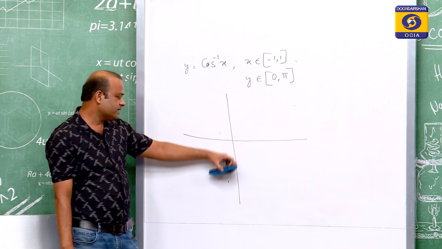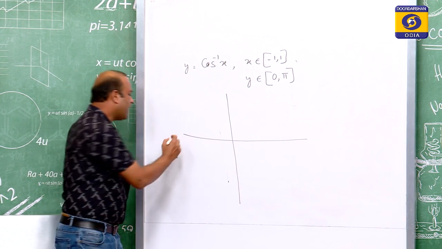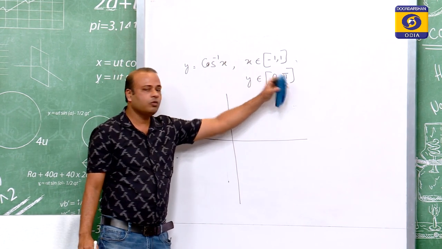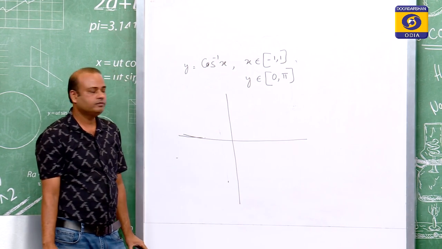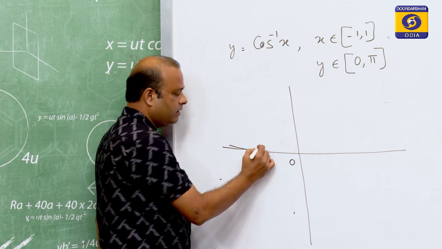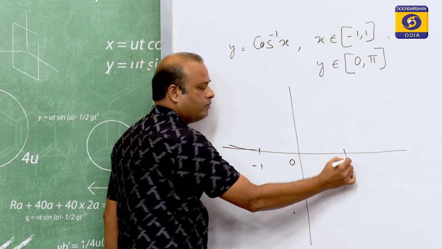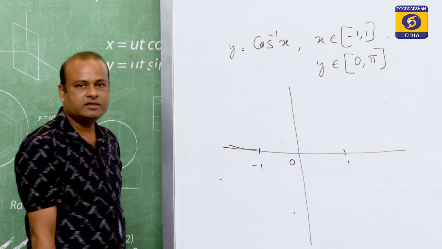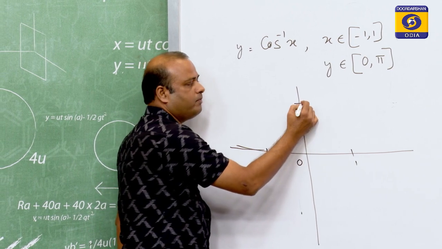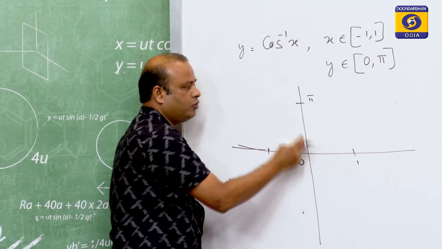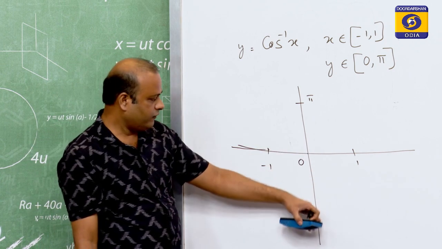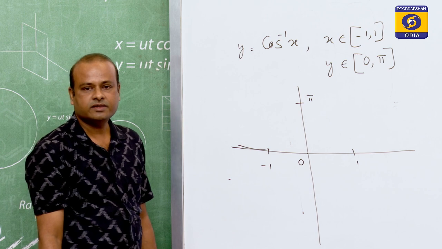If it is below the x axis, then y will be negative, but here y is from the closed interval of 0 to pi, that is here it is 0, x lies between minus 1 to plus 1 and y from 0 to pi, right. So, no part of the curve lies below the x axis.